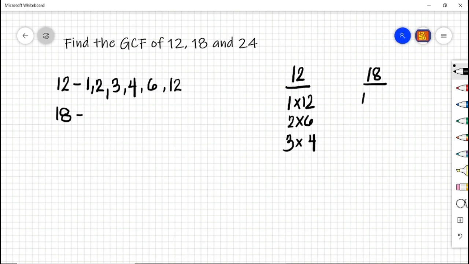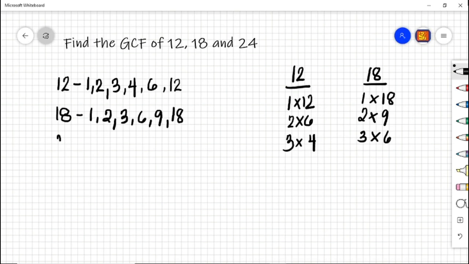Next, we have the factors of 18. We have 1 times 18, 2 times 9, and 3 times 6. So 1, 2, 3, 6, 9, 18. Last, we have 24. Two numbers that if we multiply, we get 24.